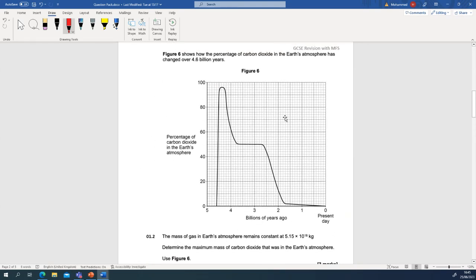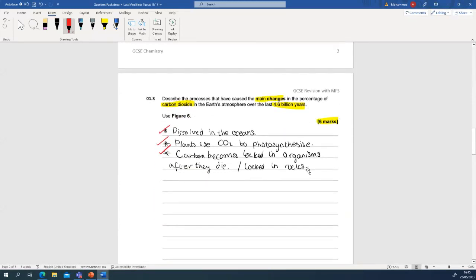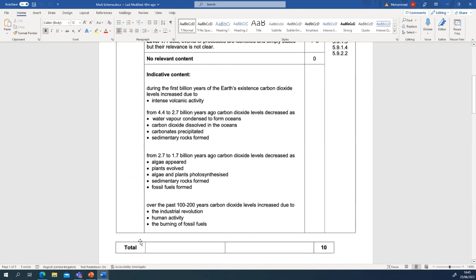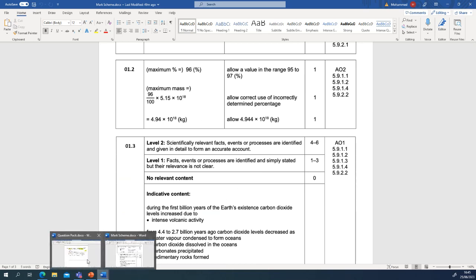Whenever you're given a graph in an exam question, always use the graph, because that's a key essential part of the mark scheme. Okay, so over here, you can get level 1, 1 to 3 marks, where the facts are just identified. That's what we've basically done here.